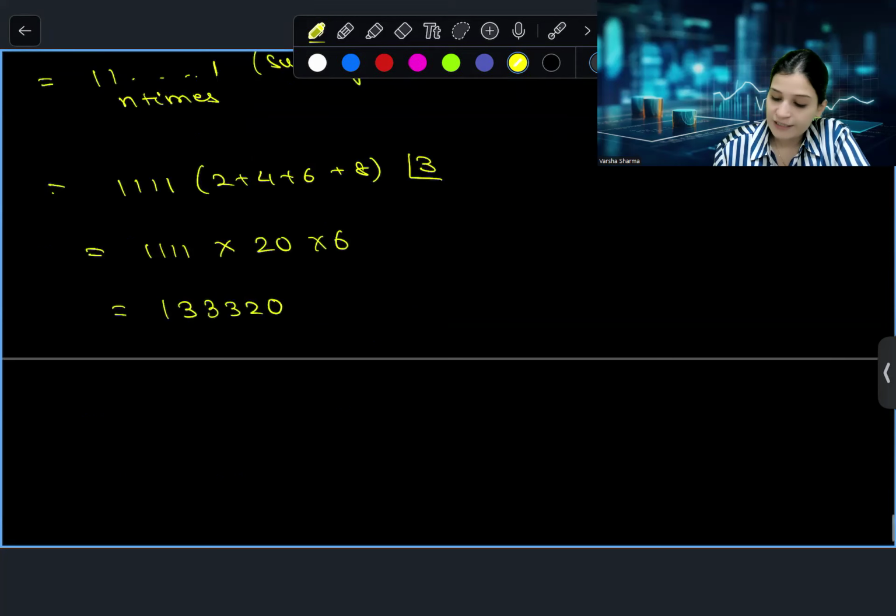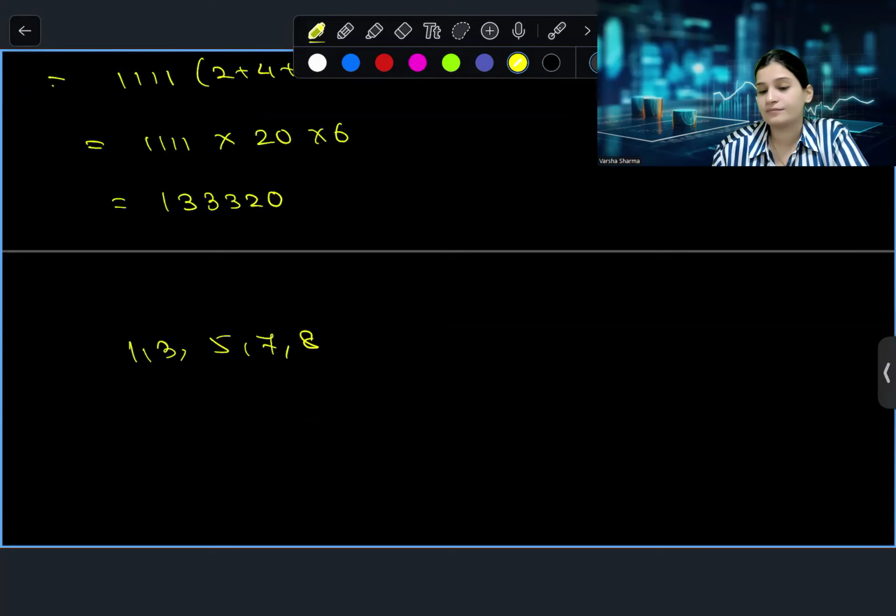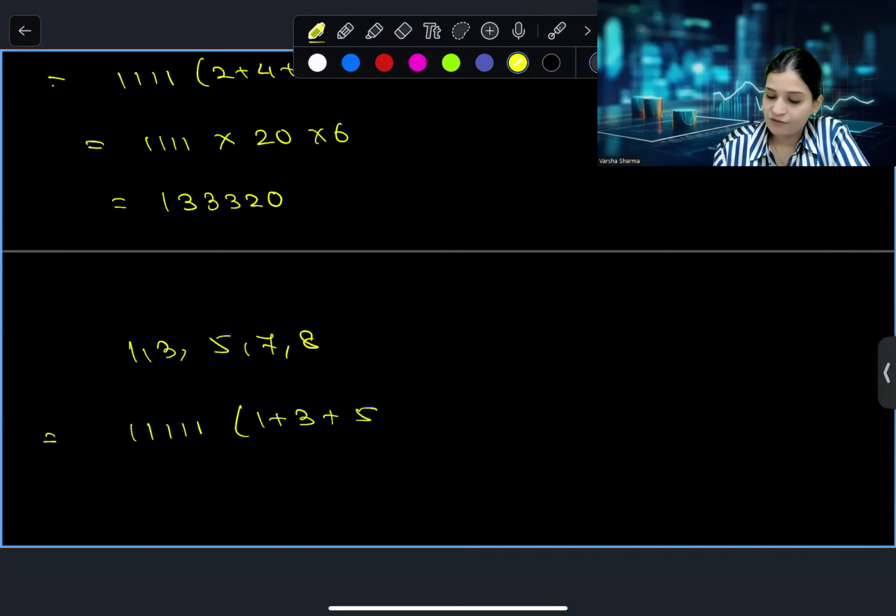Understood? If I give you the digits 13578, find the sum of the digits. You can do it directly in calculator. One, two, three, four, five. 5 times 1, that is 11,111. 1 plus 3 plus 5 plus 7 plus 8 multiplied by factorial 5, the number of digits, so factorial 4.